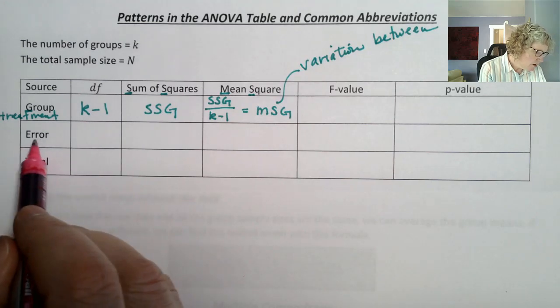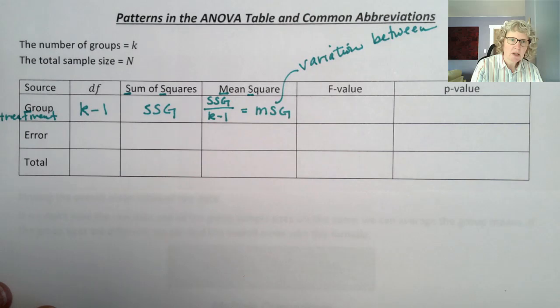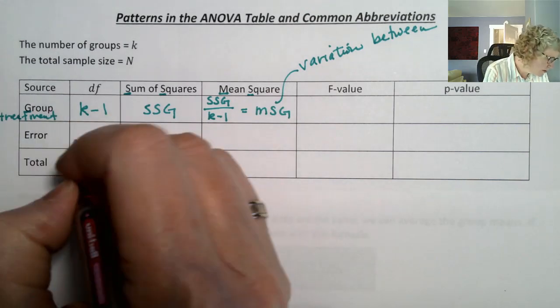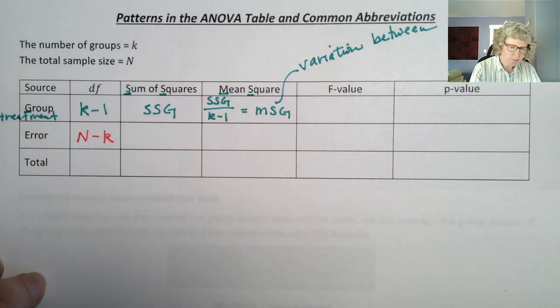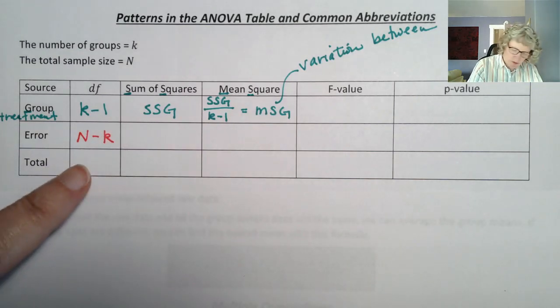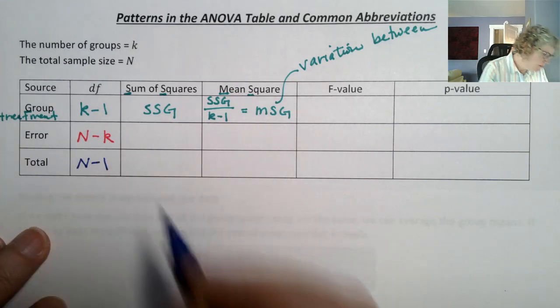So then in the error group, think standard deviation is error, or just variation, normal expected variation. Capital N minus K. And it's interesting, these will add up to capital N minus 1.